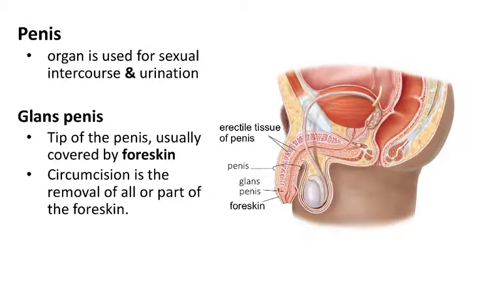So the penis is the organ that's used for sexual intercourse, as well as urination. The tip of the penis is called the glans penis, and it is in intact males covered by the foreskin, which protects the glans penis so that it doesn't become desensitized from rubbing against clothing, for example.